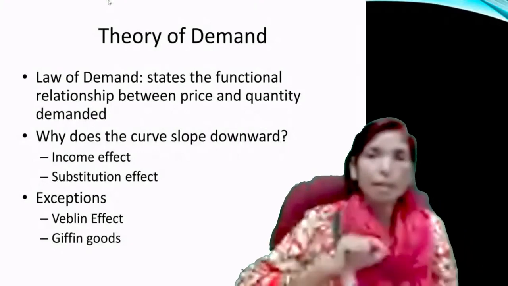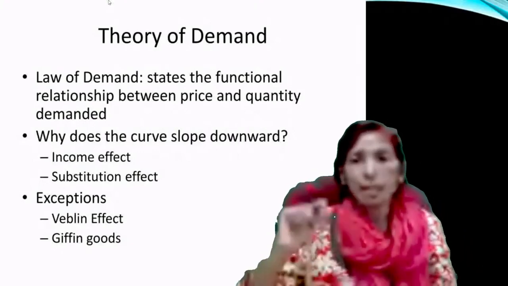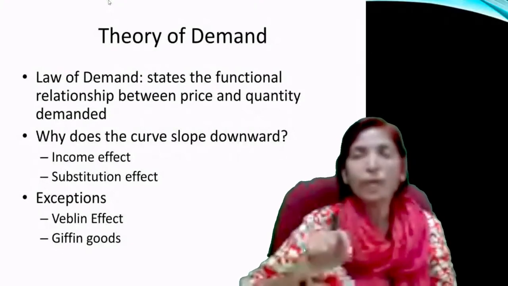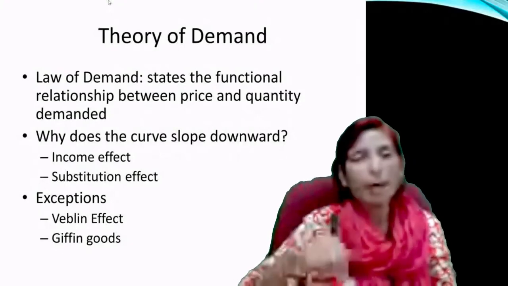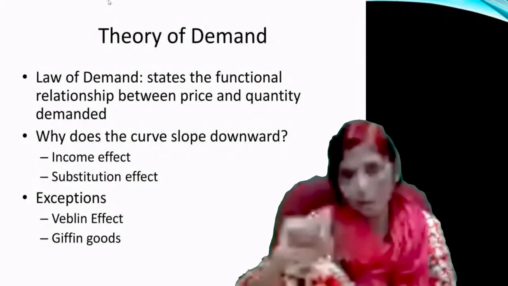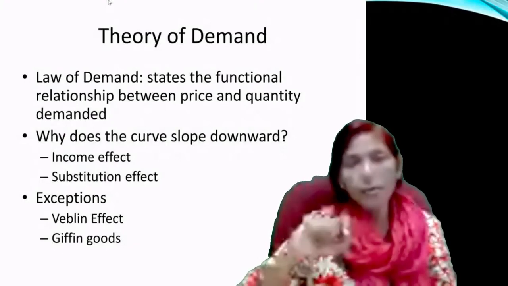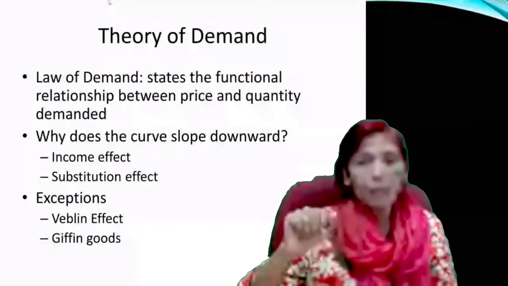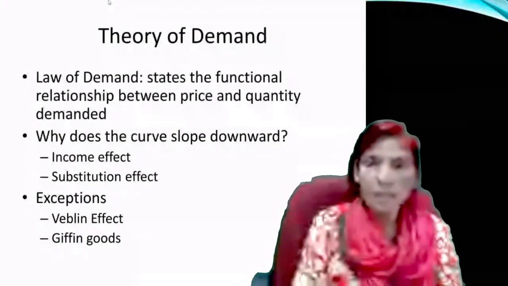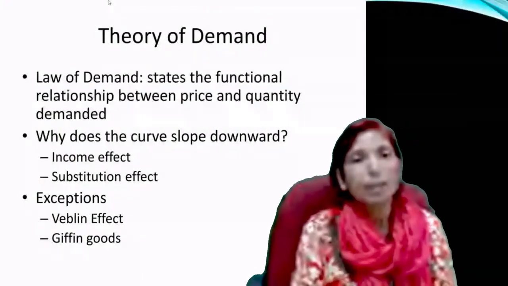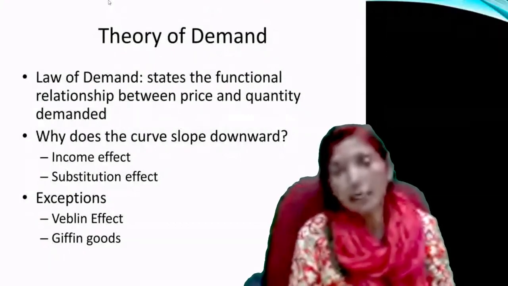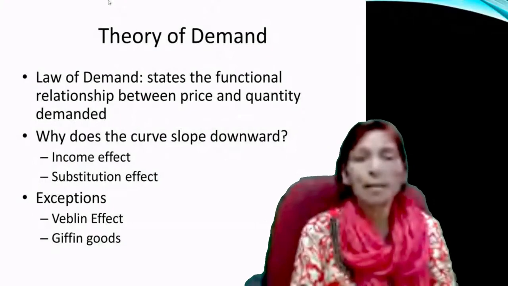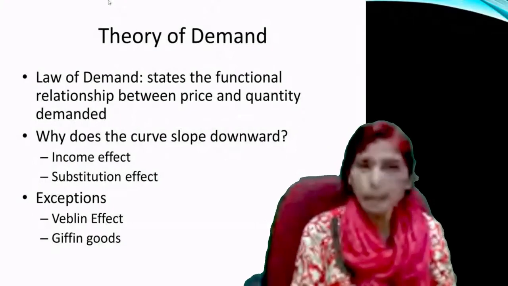Upward means that when there is a positive or direct relationship between price and quantity demanded, then the demand curve slopes upward from left to right, same as the supply curve. There are some exceptional cases in which demand will increase at a higher price and demand will decrease at a lower price.